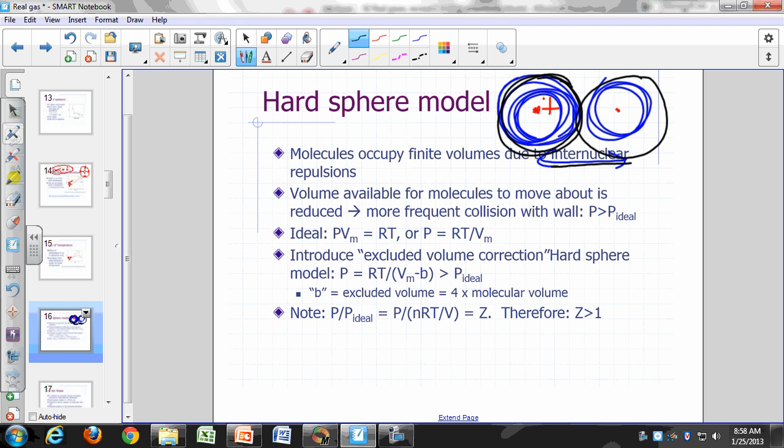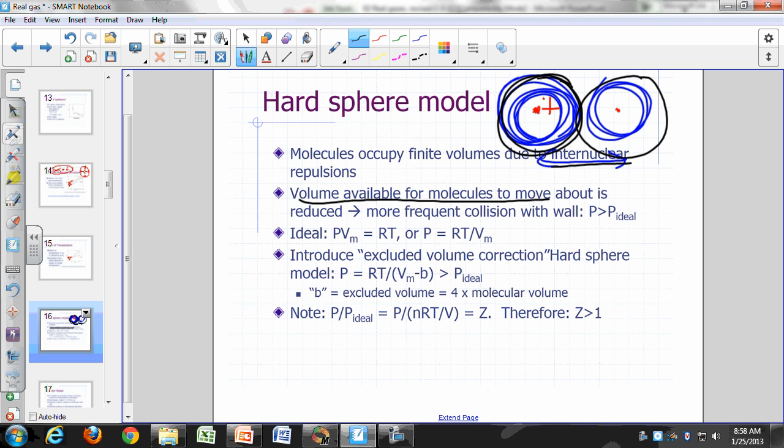When the spheres are touching, they can't go any closer. What that suggests is that the volume available for molecules to move about is reduced. If your molecule is in a box that's 1 liter, strictly speaking, it doesn't really have all that 1 liter to move around in, because part of that box is occupied by the other molecules.